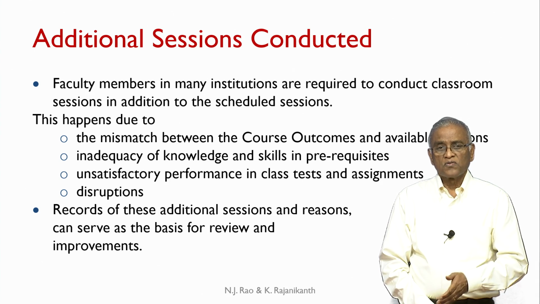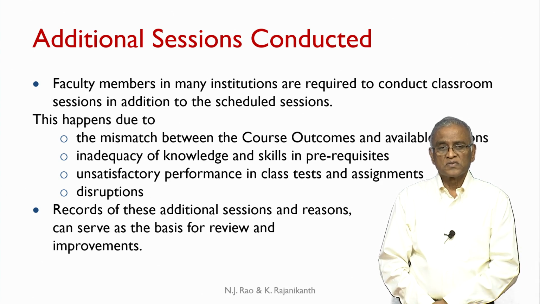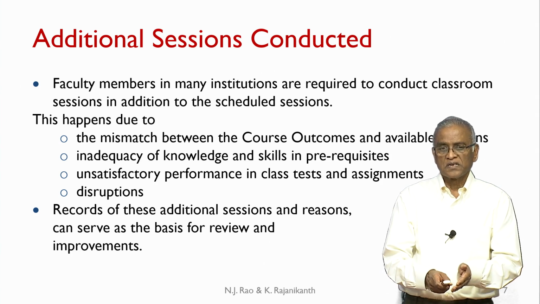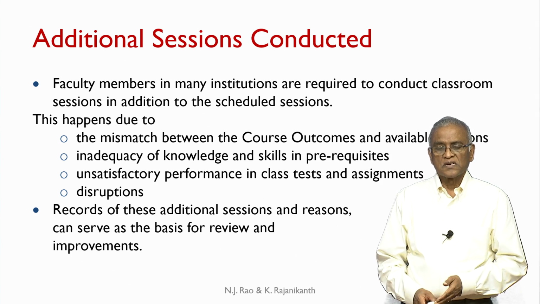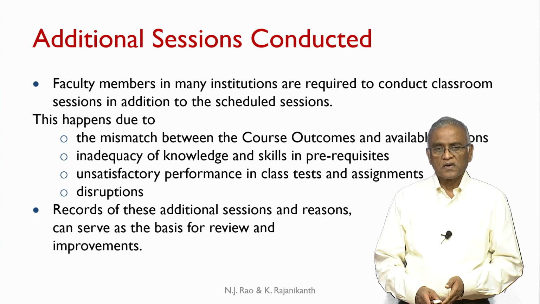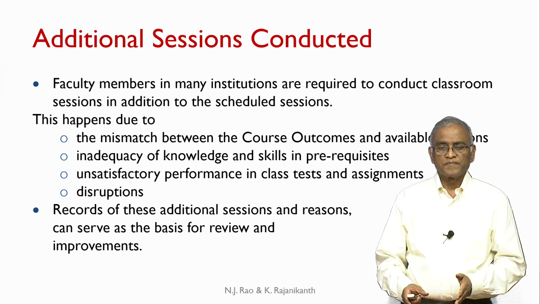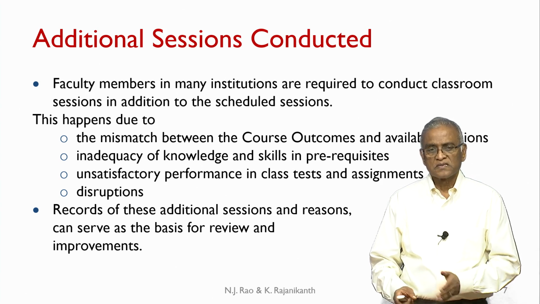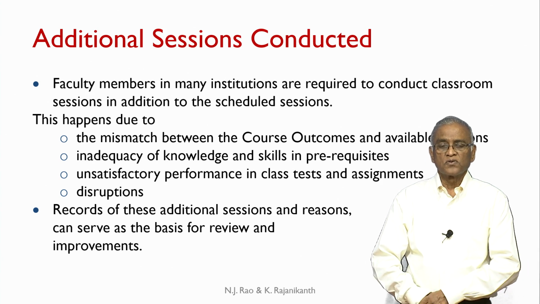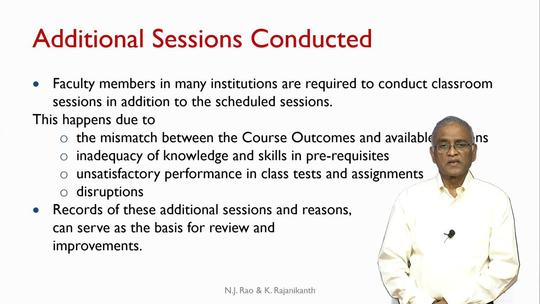If you require a lot more, let us say you want to do 6 sessions per week, then it is disproportionate to the credits that are associated with that. To that extent, it is a feedback to the curriculum designers, or to the board of studies, that the scope of the course will have to be correspondingly reduced.